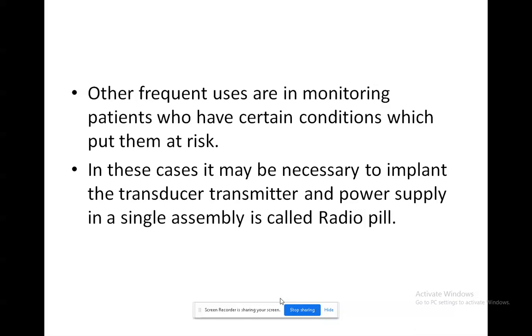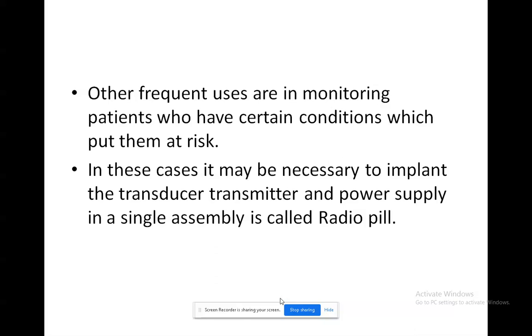The parameters are things like the ECG signal, temperature, pulse or blood pressure. Like this you will be collecting the parameters through the biosignal collected by the radio pill.